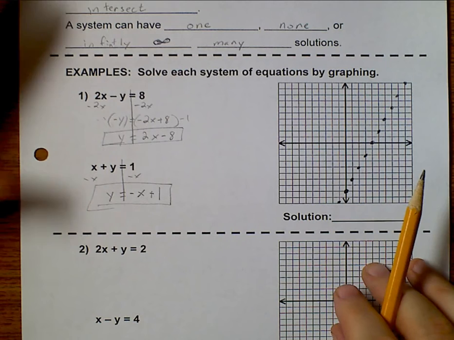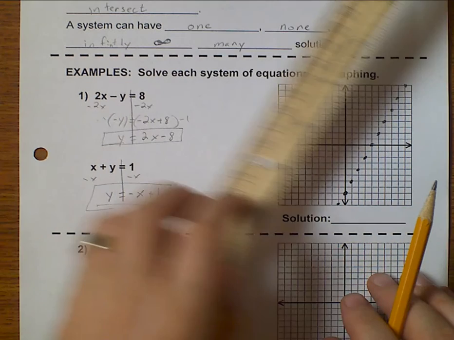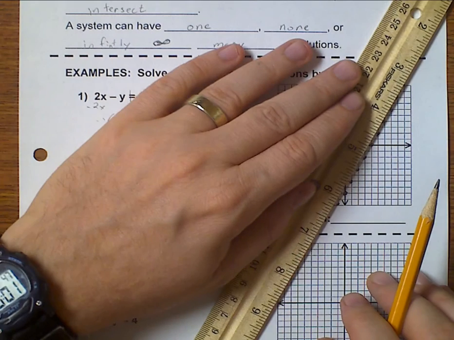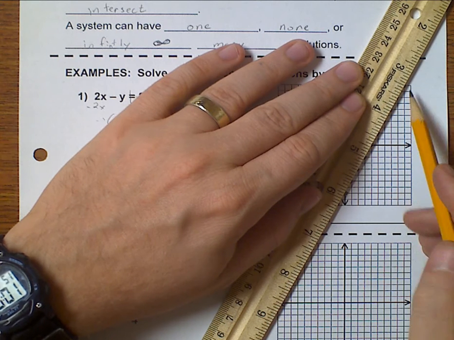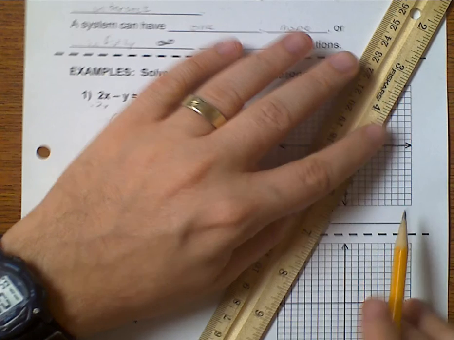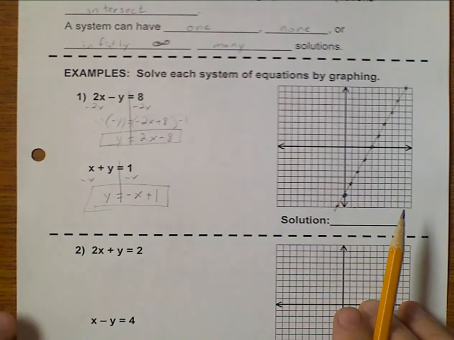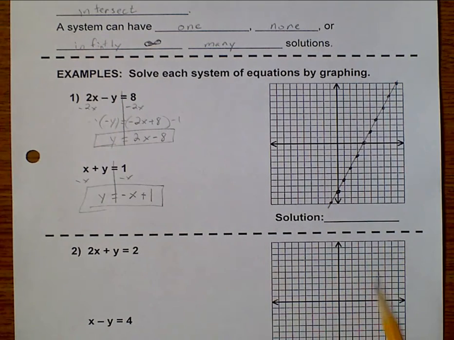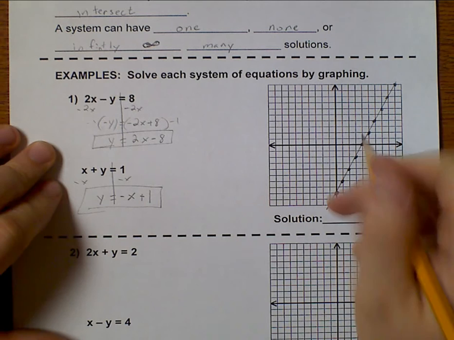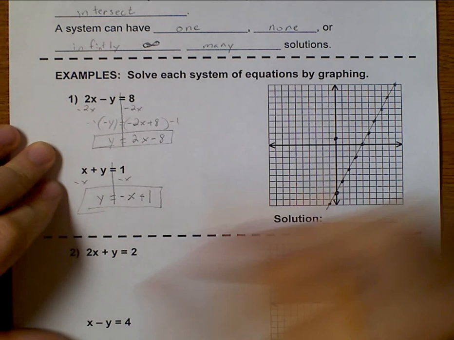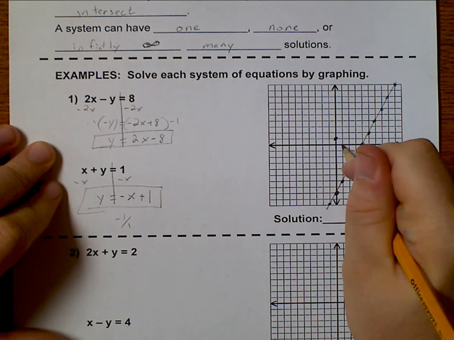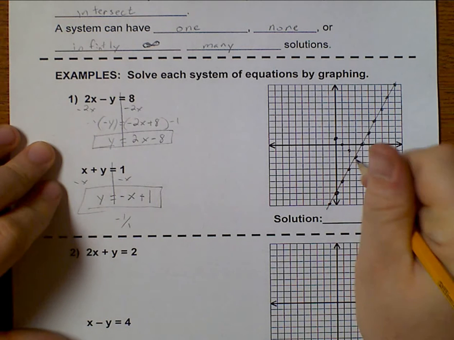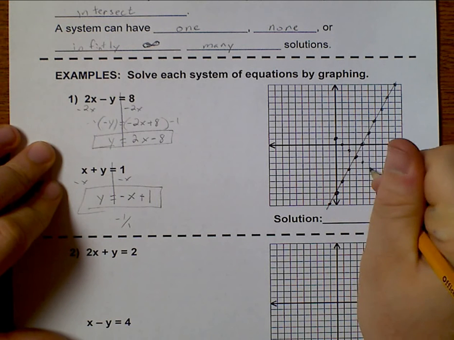And I get a nice, neat line. Now I graph the next one. I start at 1. I have a slope of negative 1 over 1. So I go ahead and I graph that line.